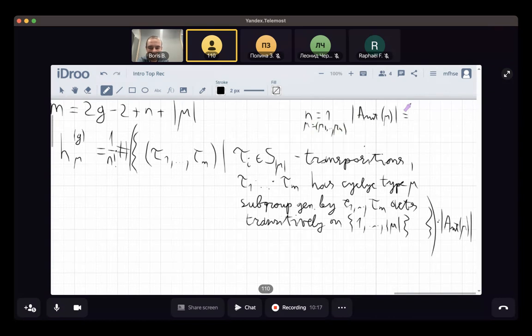So if n is equal to 1, then the number of automorphisms is always 1, and this factor doesn't affect anything at all. How do we define an automorphism? Well, my idea was that if we have n equal to 1, then we have one n-cycle, and it has n automorphisms. It can be conjugated by n. No.